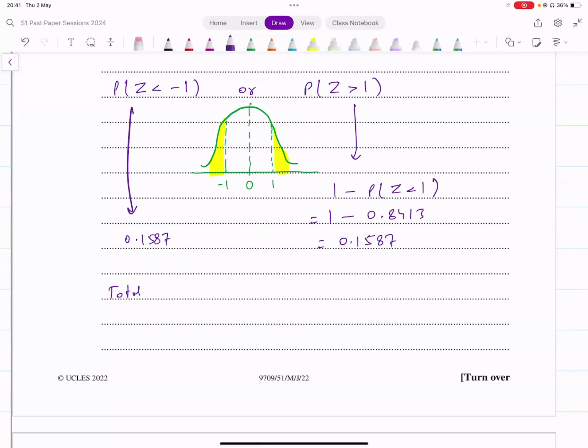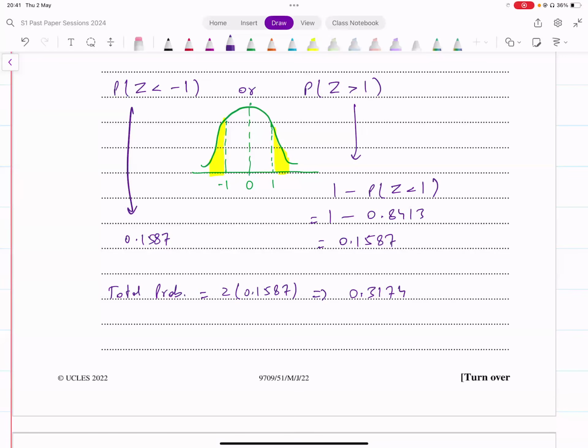Because the curve is symmetric. They're both supposed to be the same. So the total probability turns out to be 2 times 0.1587, or you could say 0.1587 plus 0.1587. That gives the same thing. The probability turns out to be 0.3174. So for one leaf to satisfy the criteria, the probability is 0.3174.